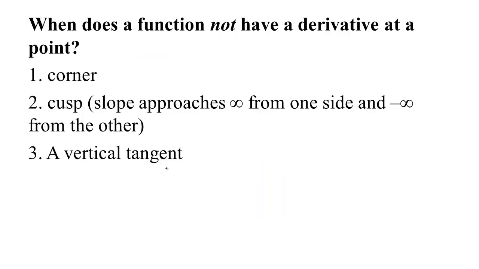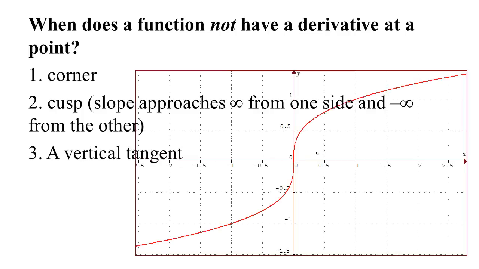Another problem that can go wrong is if you have a vertical tangent. This is the graph of the cube root of x. That's the inverse of x cubed, and the derivative of x cubed is 3x squared, so at 0, x cubed has a slope of 0. That means its inverse has a slope that's essentially infinite.